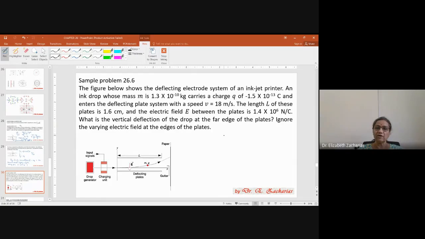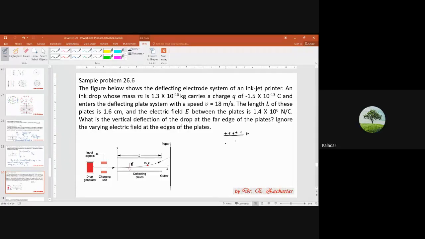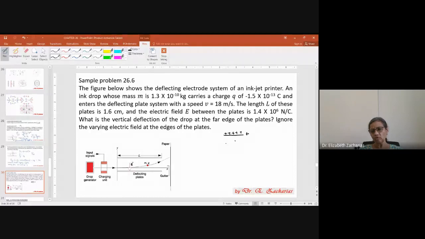Now look at this, guys. If this is a positively charged plate, what will be the direction of the field here in this region, where I am marking? Downward or upward?